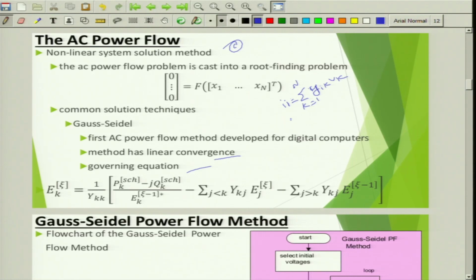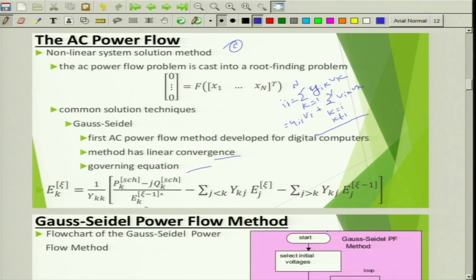This can be expressed as Yii Vi plus the summation of k equal to 1 to n, k not equal to i, of Yik Vk. Then using this expression, we come out with the next expression.